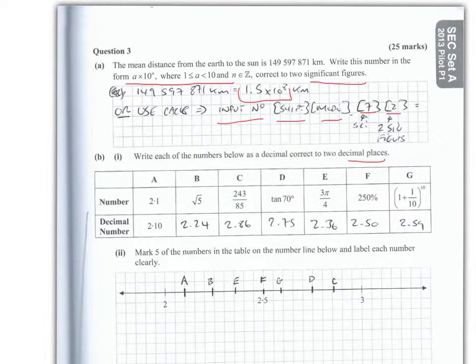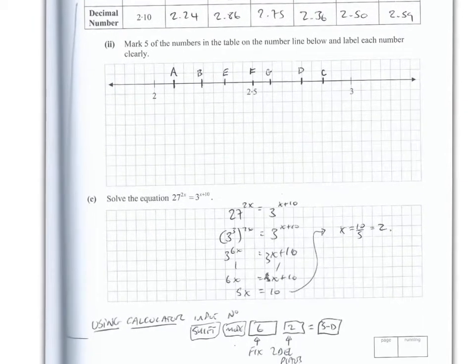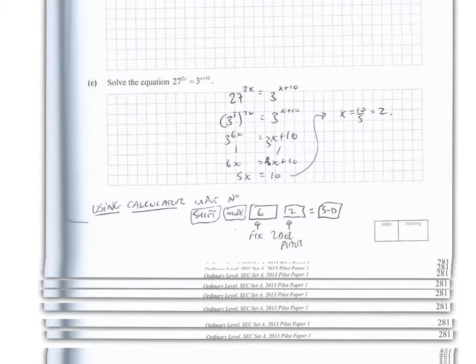Now for the second part, you're asked to set your calculator so that it gives the answer correct to 2 decimal places. You can do that, it's down here. So now you can press Shift Mode 6 to fix the answers and press 2 for 2 decimal places.